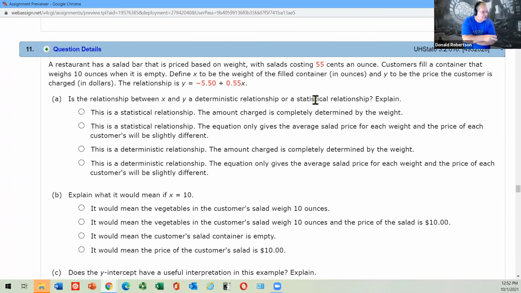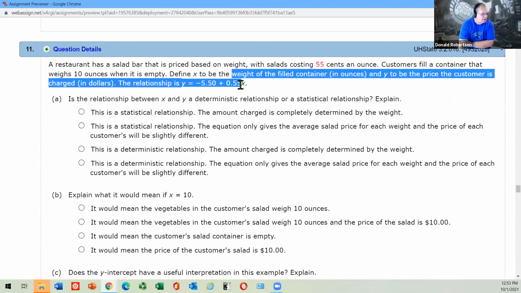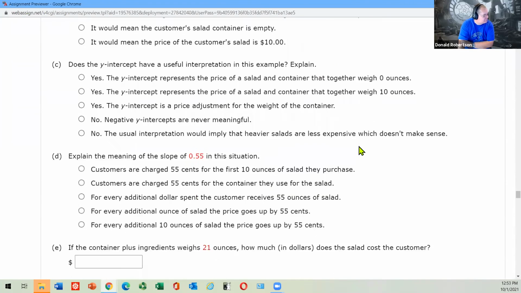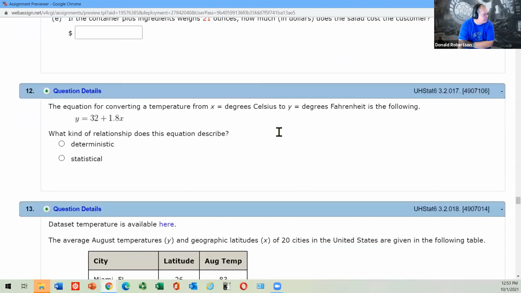When you use X's and Y's, you are basically saying it's math, and they are called deterministic. If you were saying predicted price equals some number times area, if you wrote it that way, then you'd be using it as a statistical thing. So apart from that, plug in the numbers and get your answer.